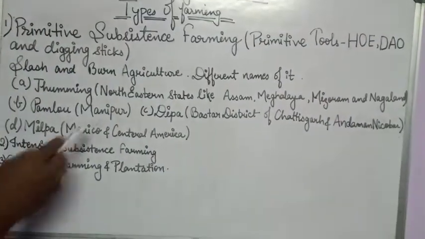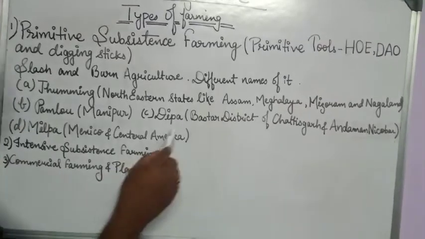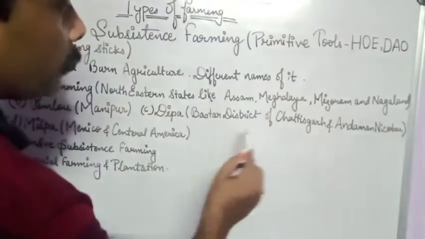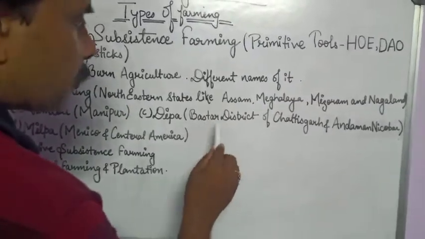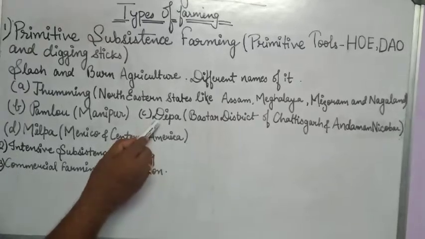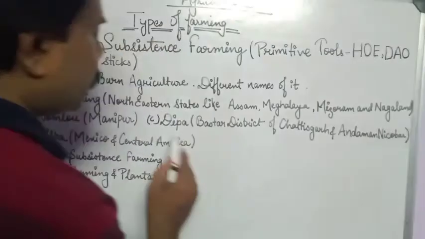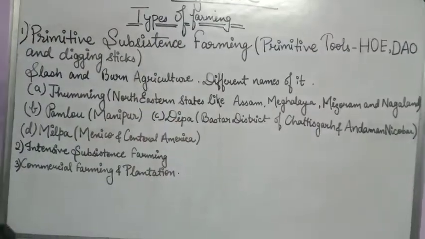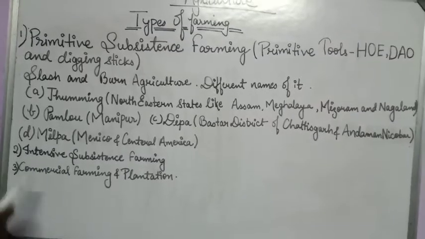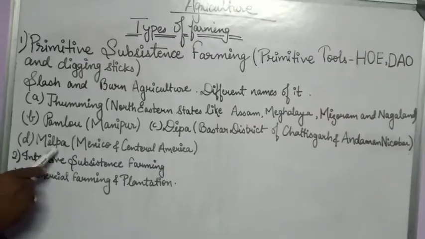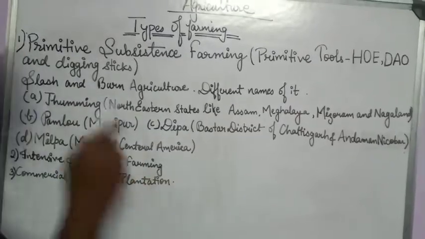If we move towards Manipur, its name is Pamlou. Next, if we move towards Chhattisgarh, the district of Bastar, another name is Dippa. In Andaman and Nicobar, it is also known as Dippa. If we move towards the rest of the world, we find Milpa in Mexico and Central America.